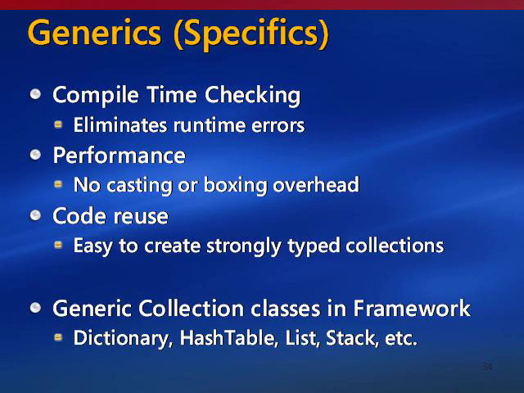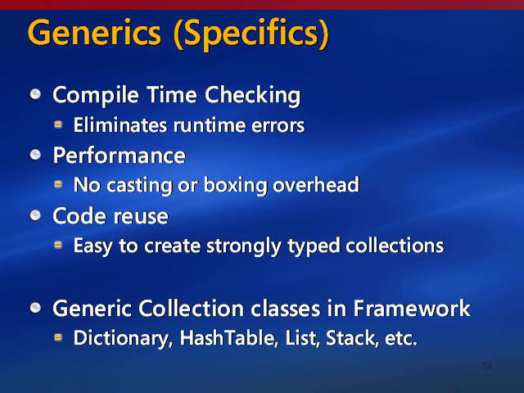Basically, it offers compile time checking, which eliminates runtime errors. It improves performance because there's no casting and there's no boxing overhead. And it's also easy code reuse because I only need to have one collection type that can be used for a variety of different uses.